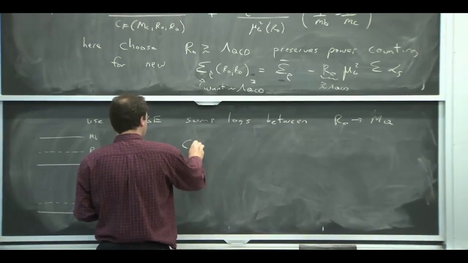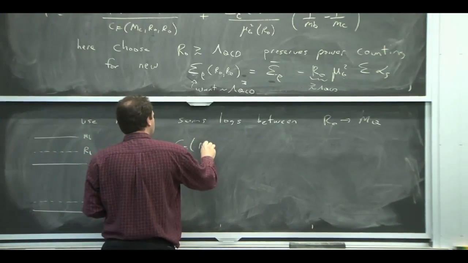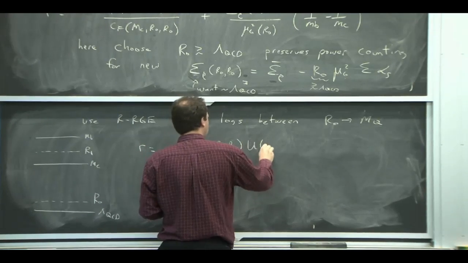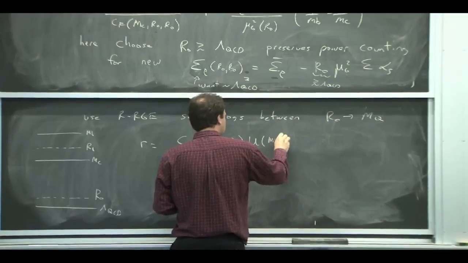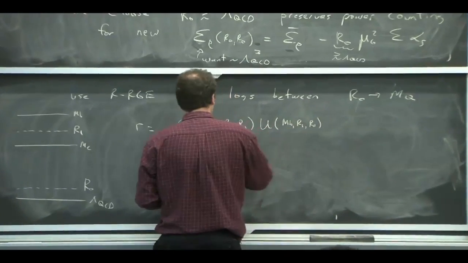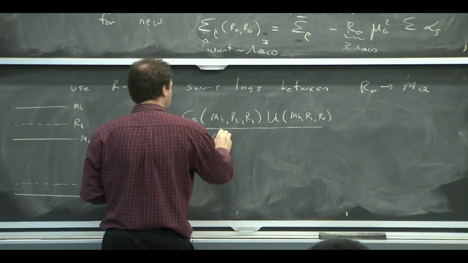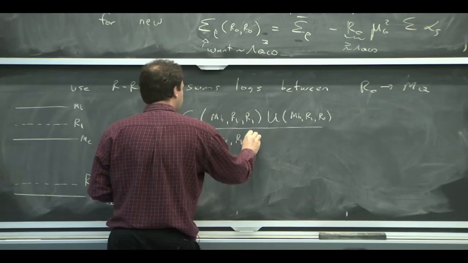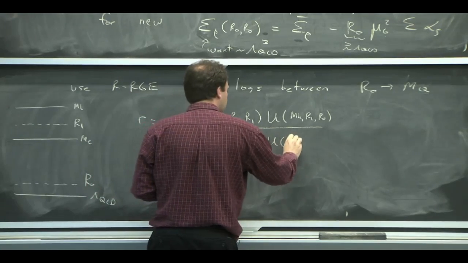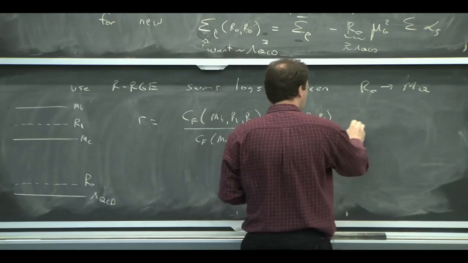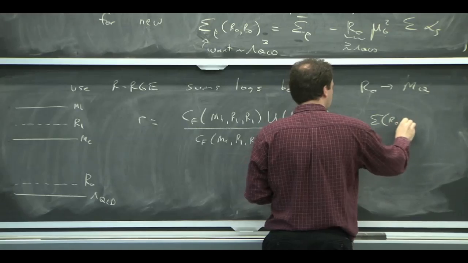So if you did that, you'd get some result that looks like this. Just putting in some notation for the resummation here. And then this guy is at the low scale.